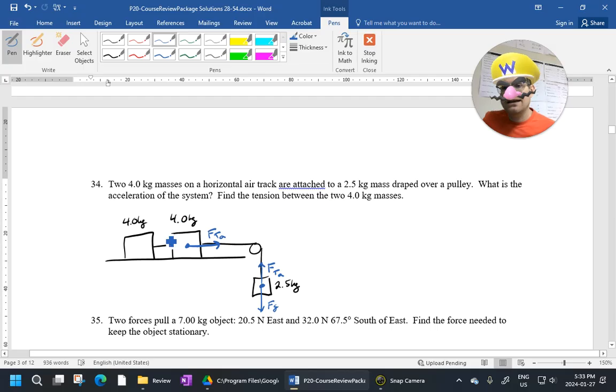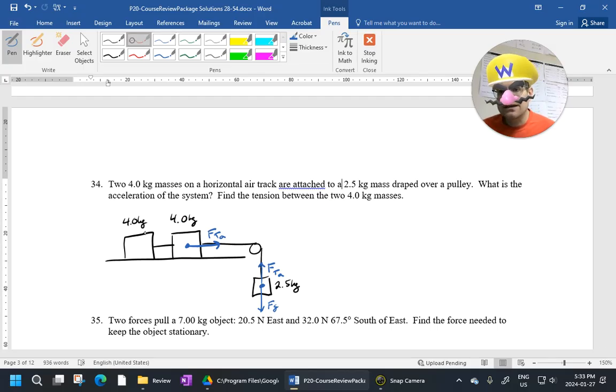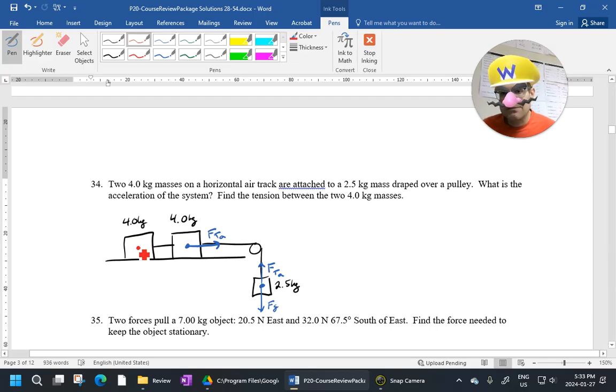And then this is going to get pulled sideways by that first block. I'll call this tension B. And then it's going to pull back on that box at tension B. So there's all our forces.